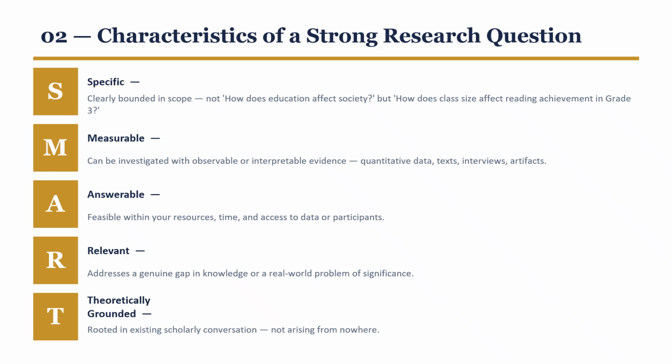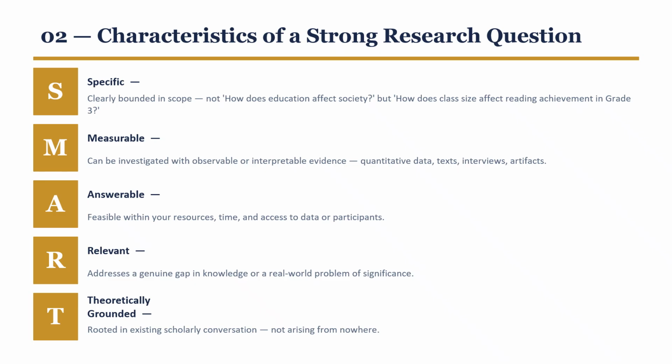Are there other variables? Yes, we're going to talk about that later, but you can see how different those two questions really are. The second SMART goal is measurable. So you have to think about, is it something you can measure quantitatively through numbers or qualitatively through stories, through words, through observations, through artifacts? Is it something that you can collect data? So if you look at my first example, how does education affect society? I'm not sure where I would begin, right? Well, I mean, who am I going to ask?